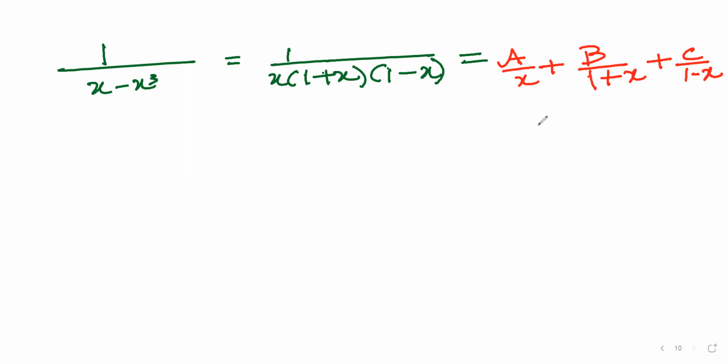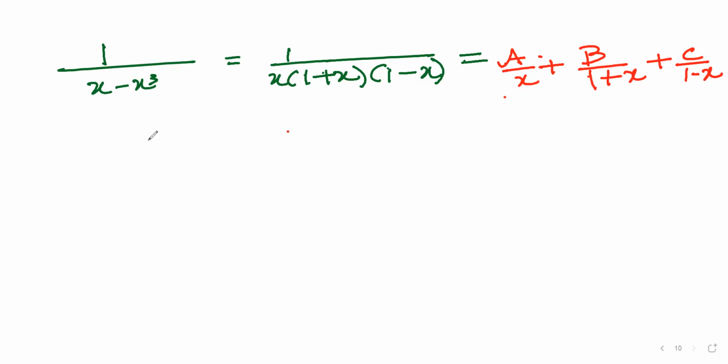So to find a, see, the denominator of a is x, isn't it? So equate x to 0. I need to find the value of a here. What's the denominator of a? x, isn't it?